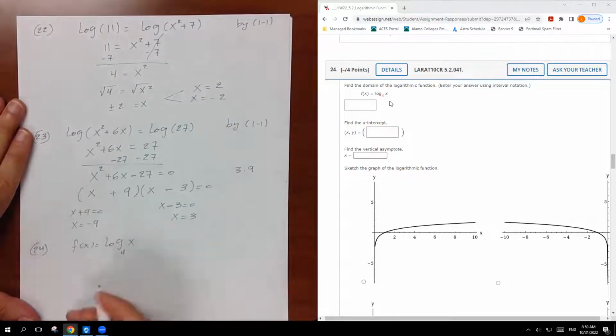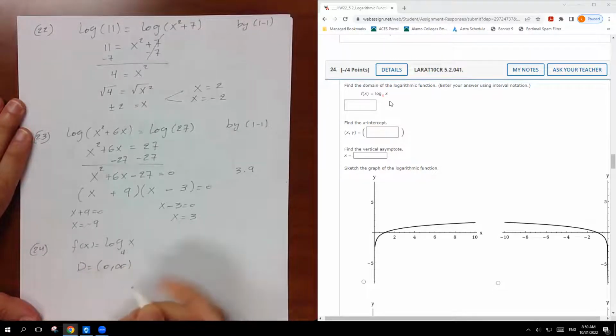So the domain is going to be from 0 to infinity, and the range negative infinity to positive infinity. The x-intercept is going to be 1, 0, and the vertical asymptote is going to be x equals 0. So you see, everything is easier for you.